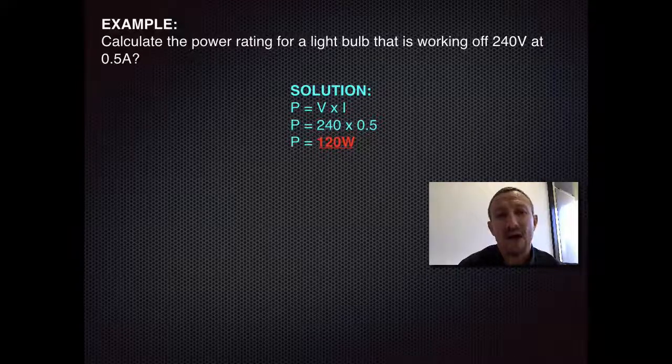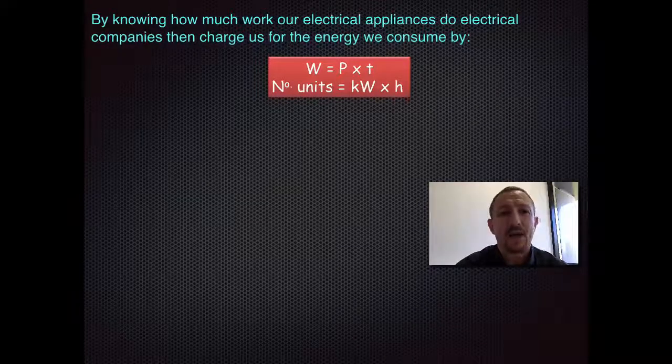So that gives me a fairly powerful light which is going to be generated, and it allows us to utilize the power equation. Now we also know that the amount of power that we utilize is charged for. We get charged at home for the amount of units of energy which we are utilizing.